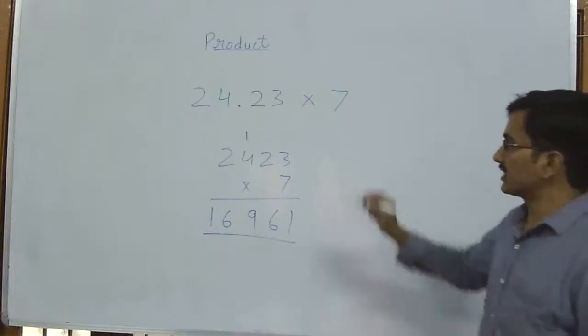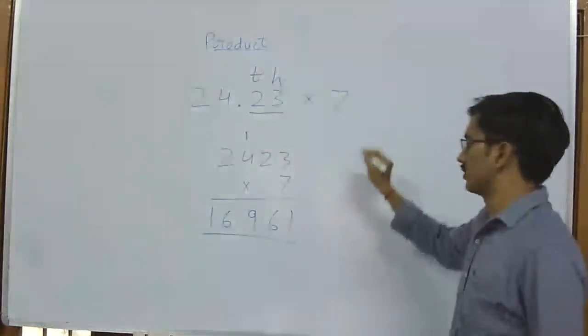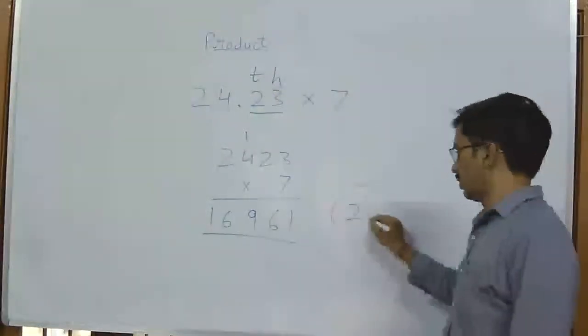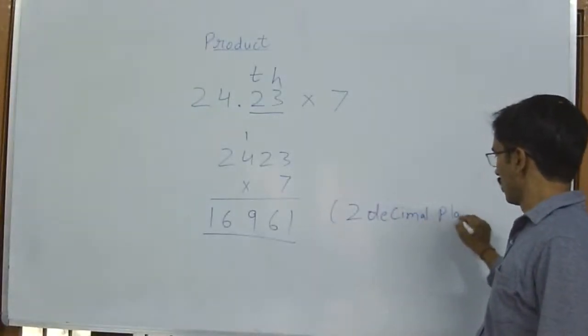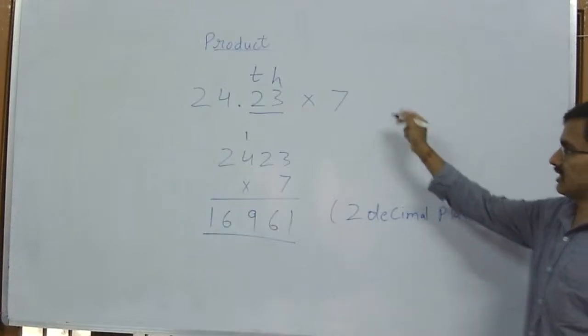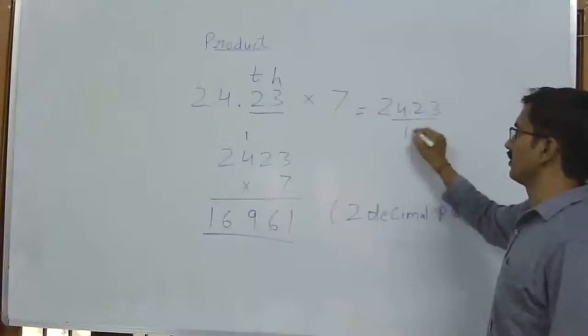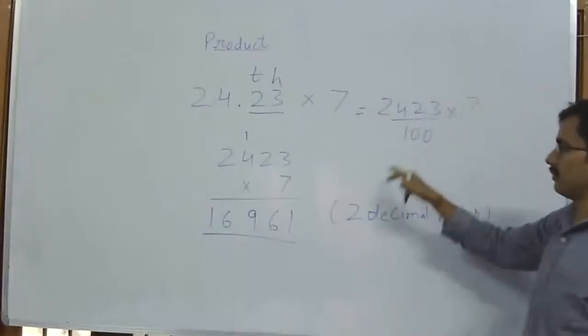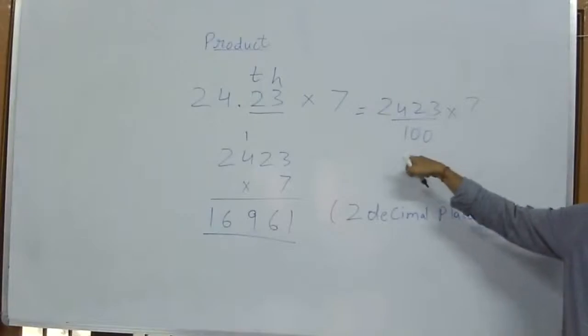Please comment how many decimal places you can see here. 10 and 100. So there are 2 decimal places. We can see that if we convert it into a fraction, it will be 2423 by 100. That's why after multiplying, we should put the point after 10 and 100.